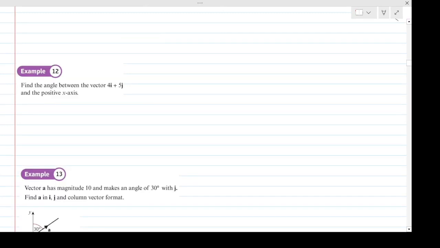So it's asking us now to find the angle between the vector 4i and 5j and the positive x-axis. If it's talking about angles, I'll probably need to draw the vector to see the angle. If I draw it over here, the x-axis is there, the y-axis there.